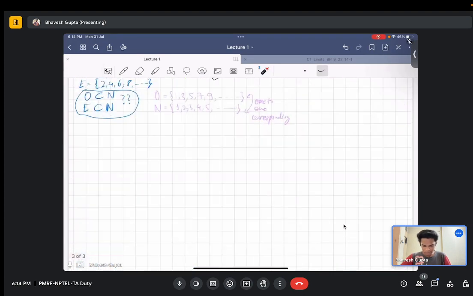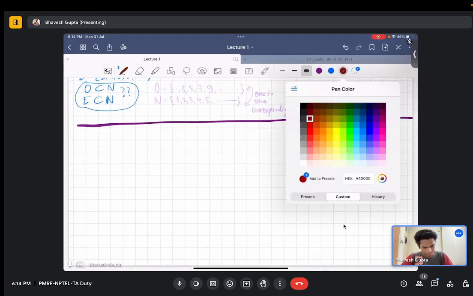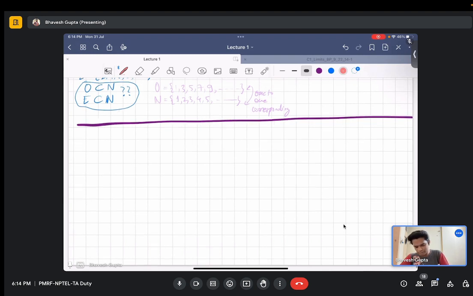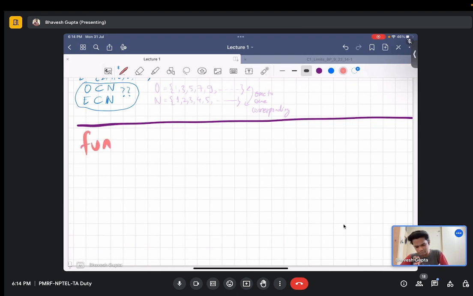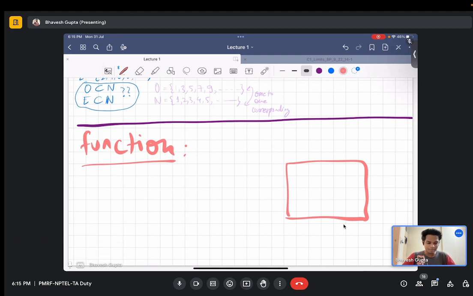Okay, let me start with an important thing. In the lectures the professor defined something called a function. The first thing I need to be very clear about is that a function is a kind of black box. Why are we interested in this black box?